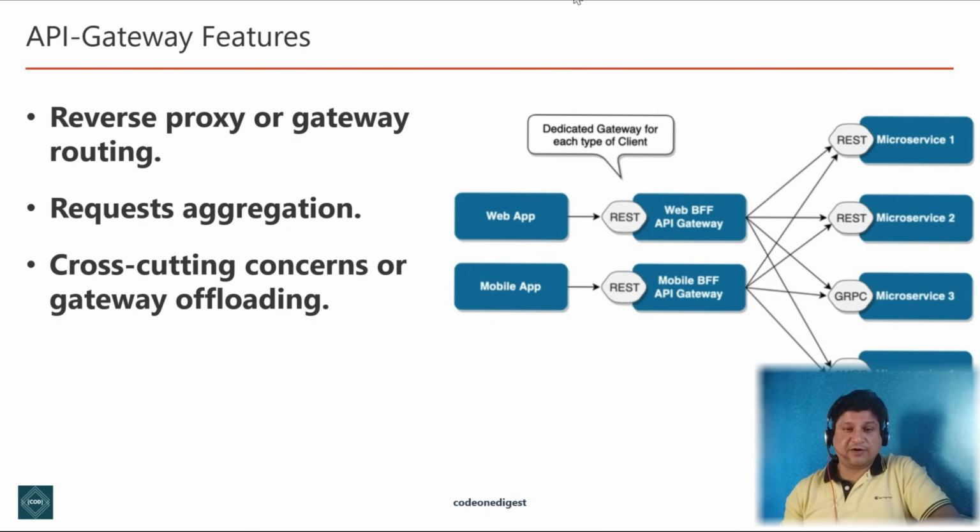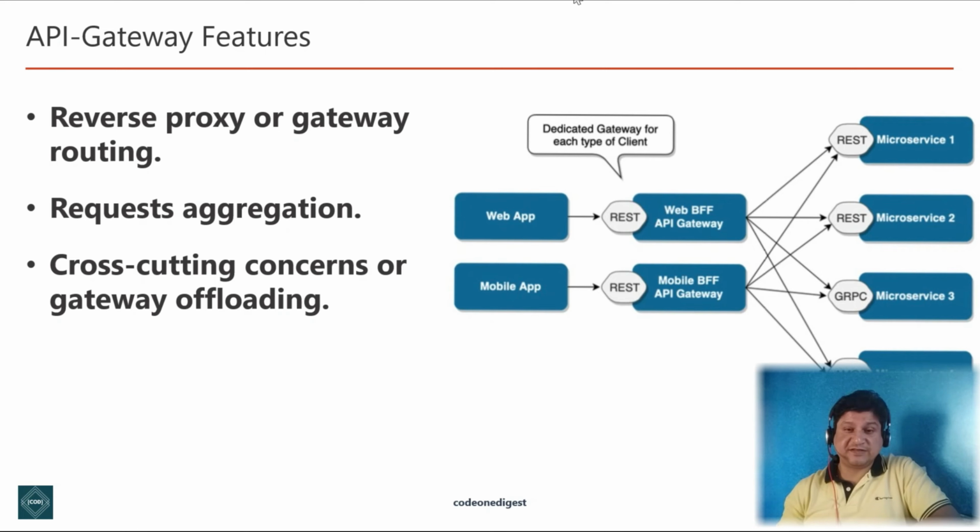Another very important feature of API gateway is cross-cutting concerns, or gateway offloading. Depending on the feature offered by each API gateway product, you can offload some of the functionality from microservices to the gateways.